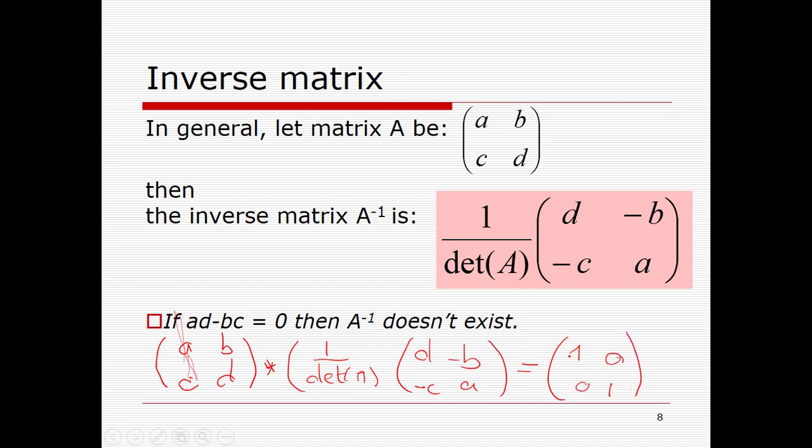Please check this out yourself. As one extra remark, if the determinant is 0, then of course you cannot calculate the inverse matrix, because we're not allowed to divide by 0. So then we cannot calculate an inverse matrix.